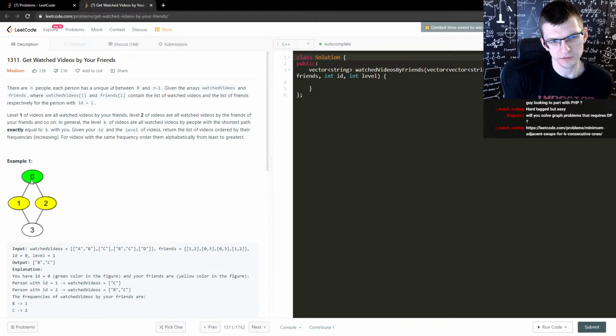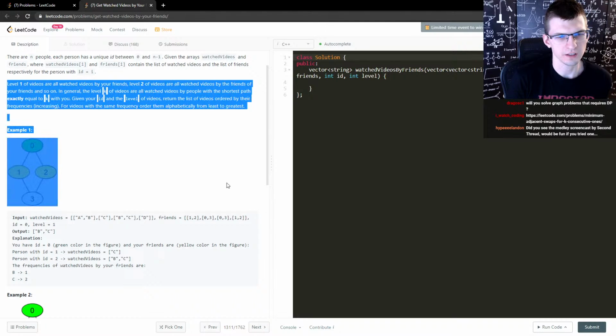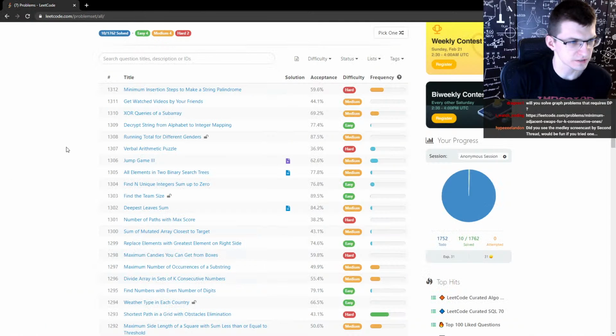So you need to run BFS from this to know how many people there are on every level, and then also use videos. Medley screencast by second thread. What is medley? Is it some typo? So I don't think this problem is interesting, so let's try something else.